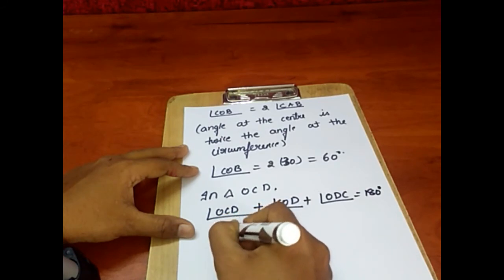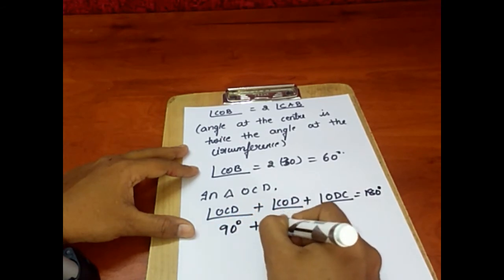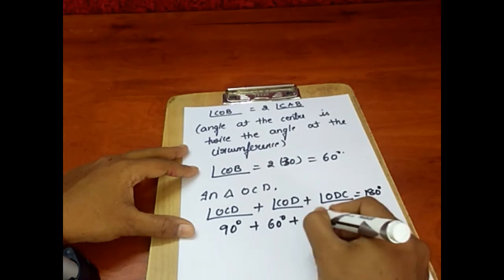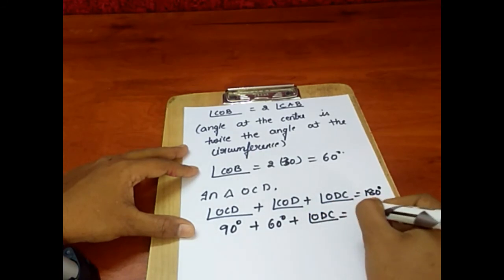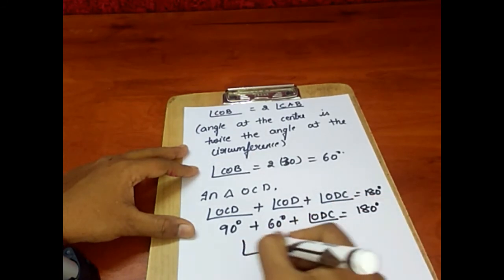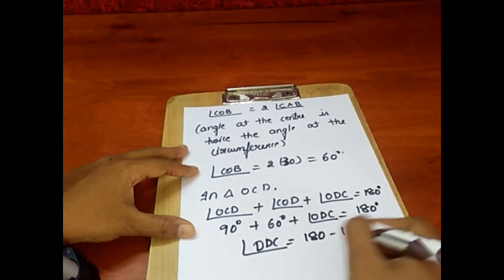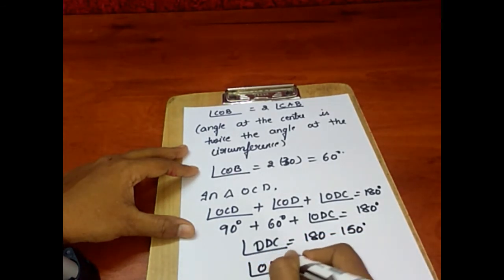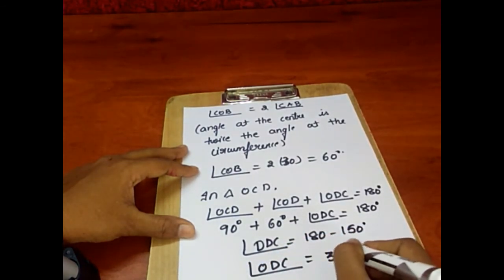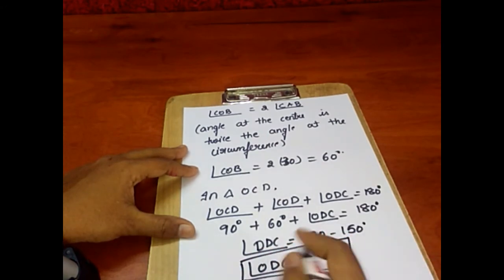Angle sum property. So 90 plus 60 plus angle ODC is equal to 180 degree. So angle ODC is equal to 180 minus 150 degree. Angle ODC is equal to 30 degree.